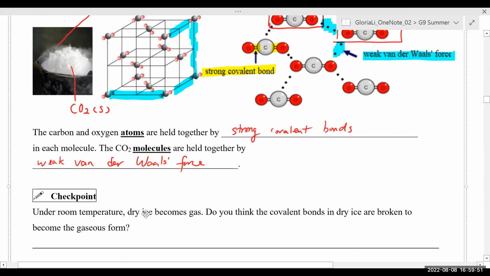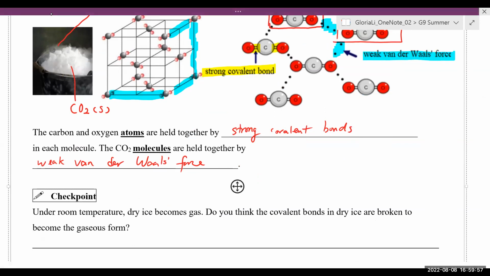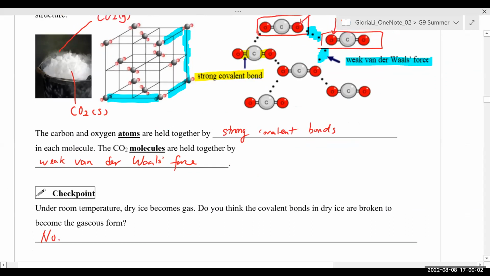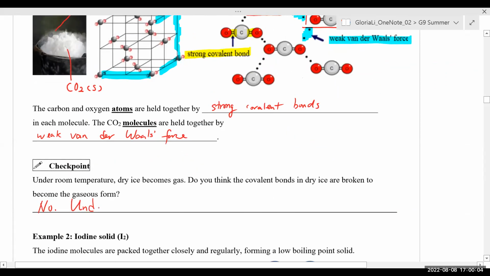Under room temperature, dry ice becomes gas. Do you think the covalent bonds in dry ice are broken? Answer should be no, right? Because we know that under heating, in this case, we are talking about sublimation of dry ice. So sublimation, remember, is the change of solid to gas without the formation of liquid.